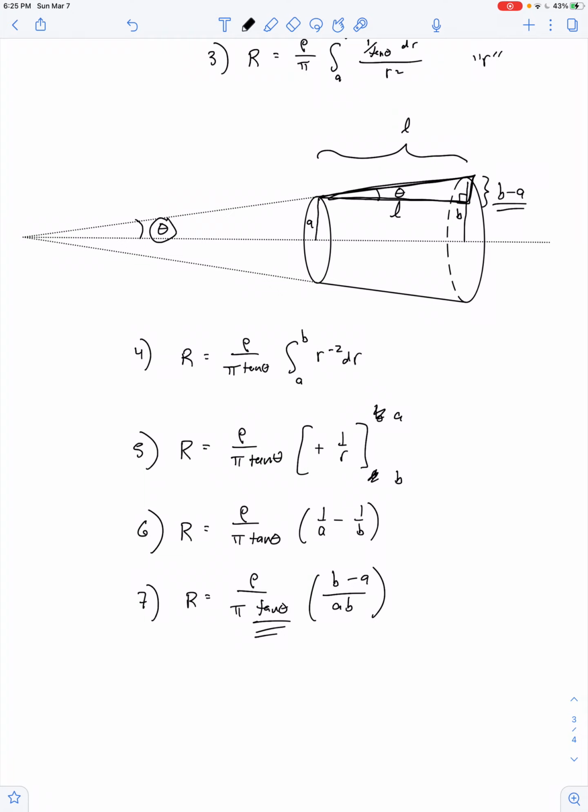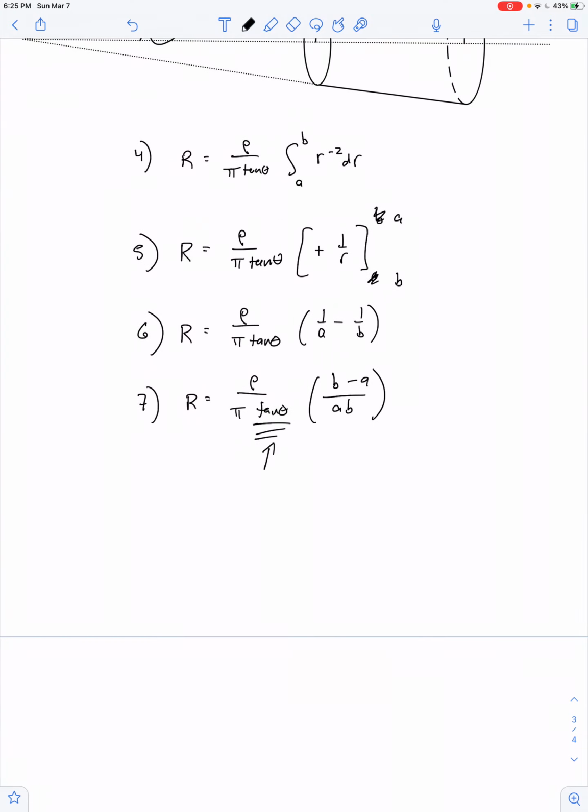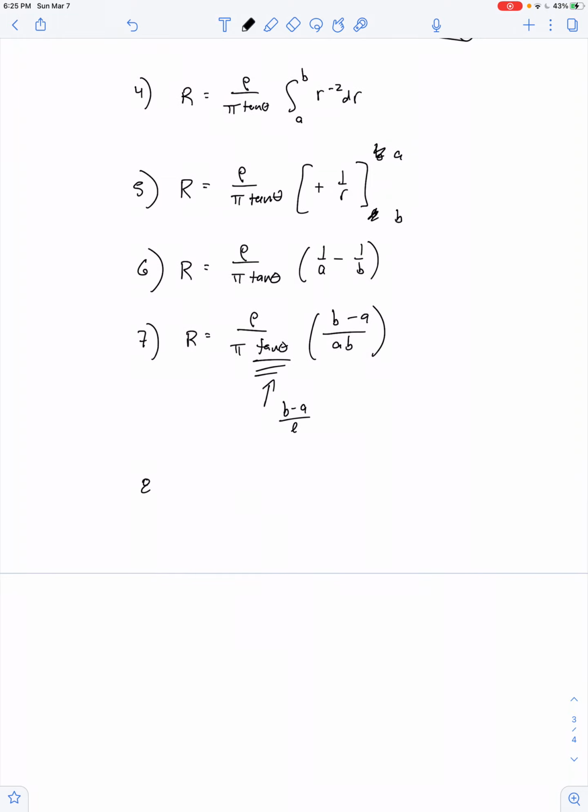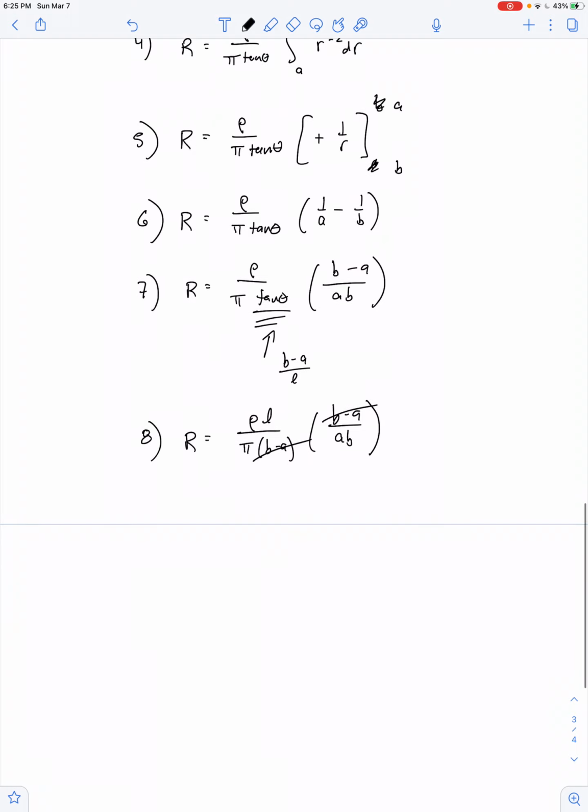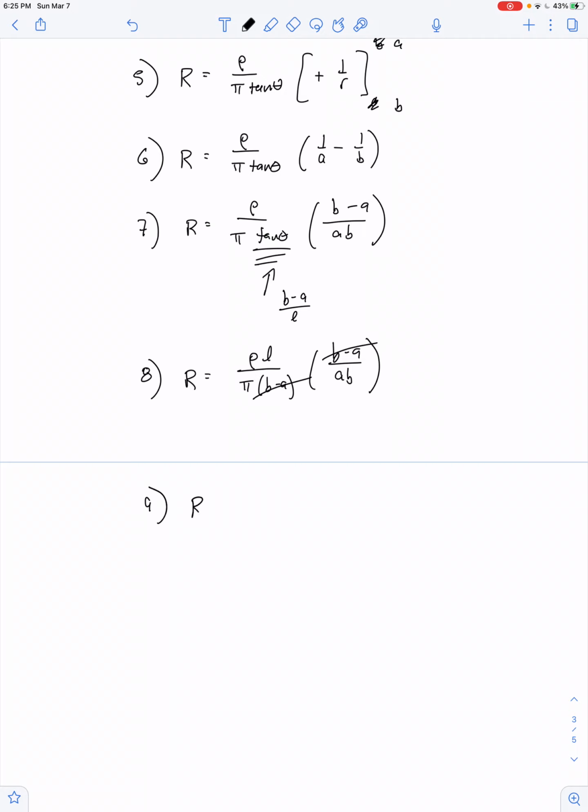Tangent theta is opposite over adjacent, so we can substitute in place of tangent theta b minus a over L. So our resistance is equal to rho times L divided by pi times b minus a, all times the quantity b minus a over ab. Now didn't that work out nice? B minus a cancels, and lo and behold we get a result that the resistance is rho times L over pi ab. How about that? A pretty simple result.